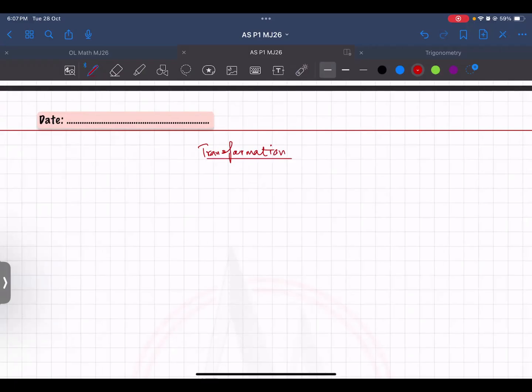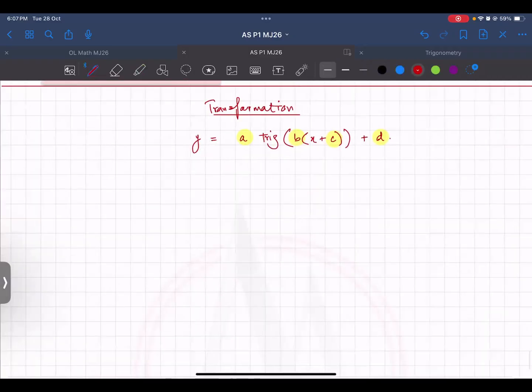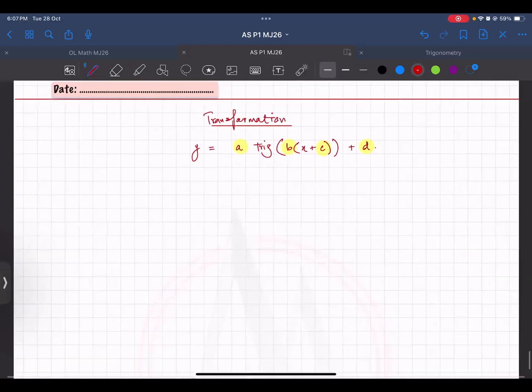The generalized format that we can follow is something like this: y = a, whatever your trigonometric function is, of (bx + c), plus d. How many constants have we introduced? 1, 2, 3, 4. If you have any value of these constants in your equation, your graph will change a bit.